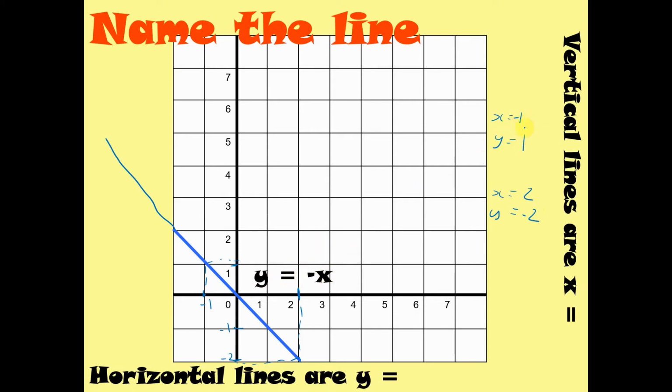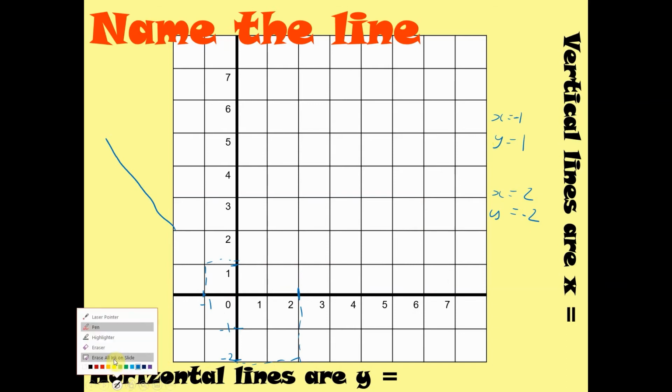When x is equal to 2, y is equal to -2. So we have changed the sign. That is why this line is called y is equal to -x. So that's some revision of what we have already done.